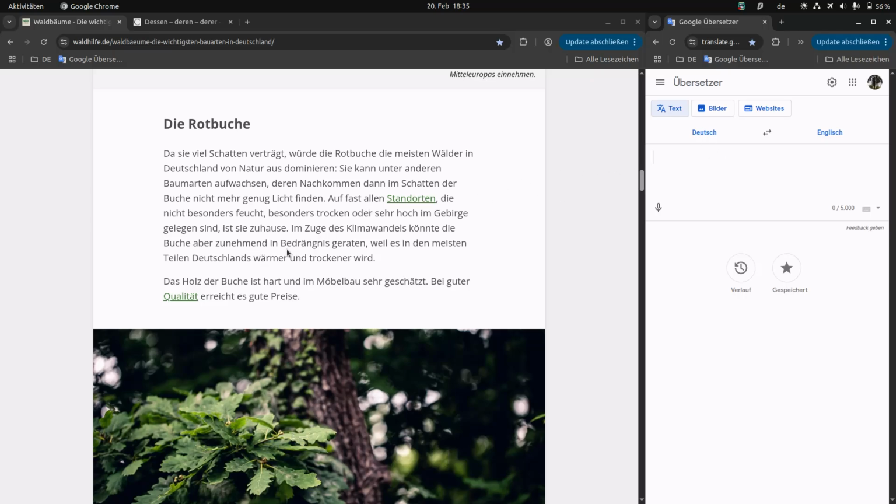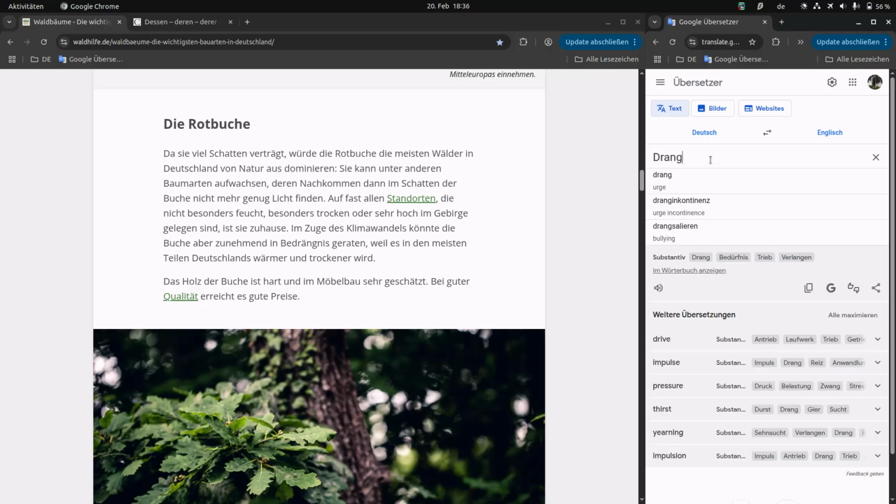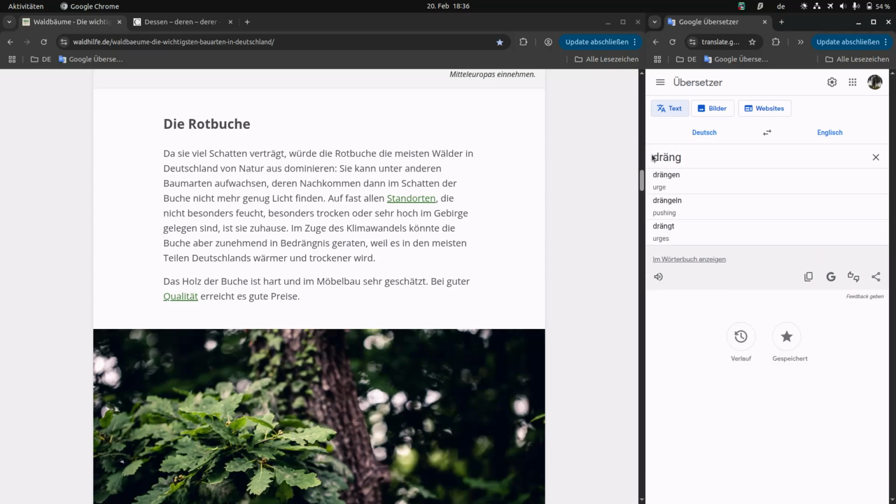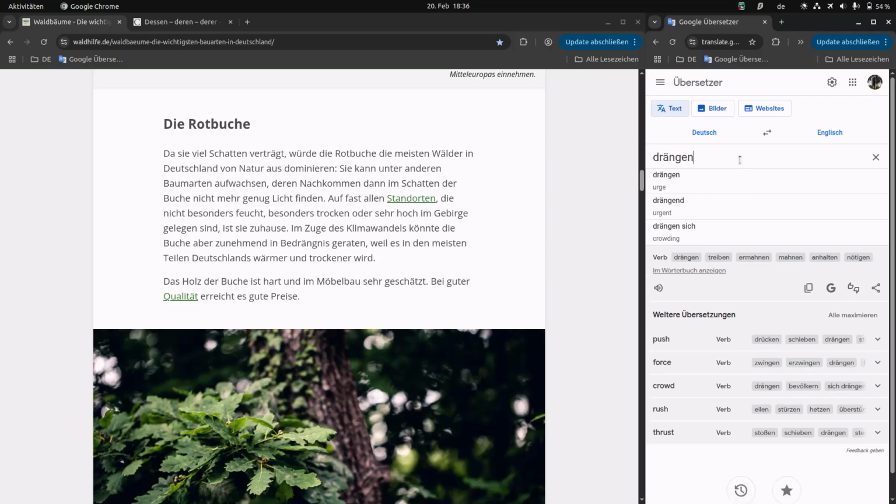And zunehmend in Bedrängnis geraten. In Bedrängnis means the root word Drang, which means the urge, or drängen rather, which it's closer related to. Drängen, which means to urge someone, to force someone to.